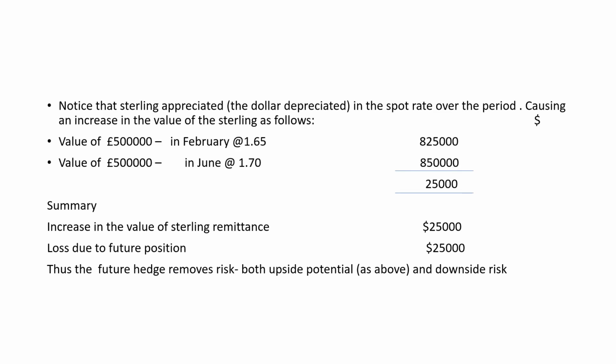If we look into the detail, we can notice that sterling appreciated and the dollar depreciated in the spot rate over the period, causing an increase in the value of sterling, as follows.